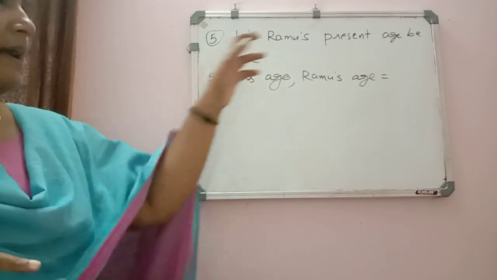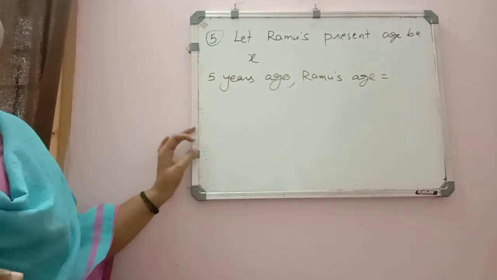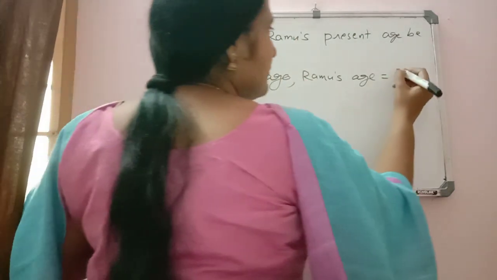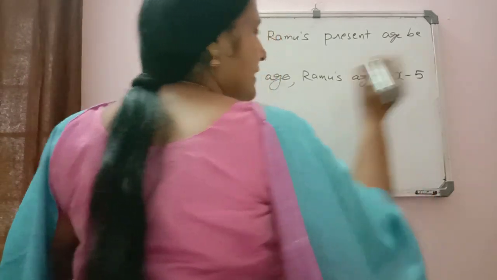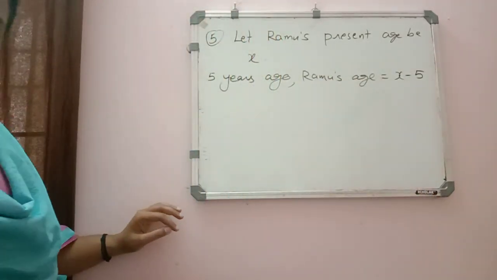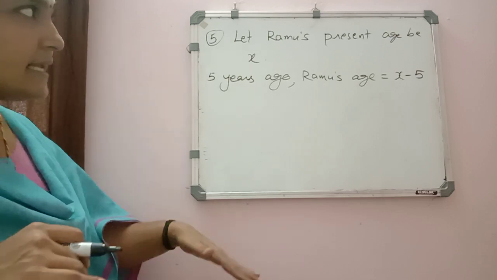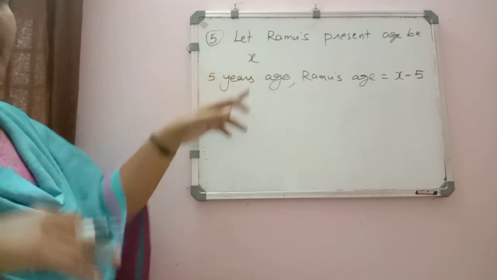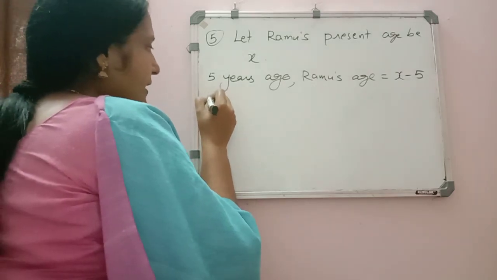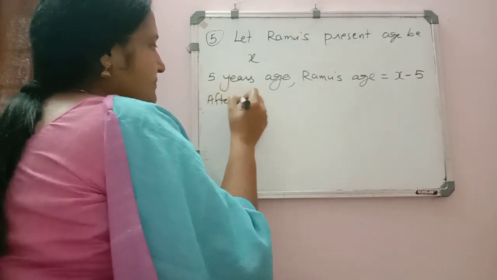In the same way, if Ramu's present age is x, then 5 years ago it will be equal to x minus 5. And then with his age 9 years later. 9 years later means later from the present age, so we'll write here after 9 years.